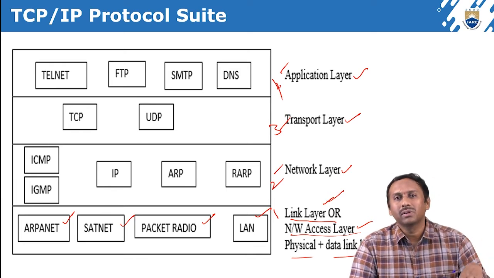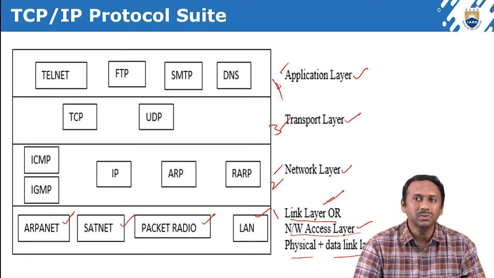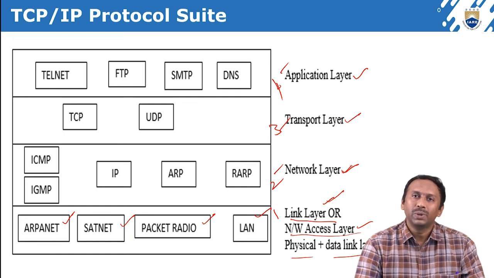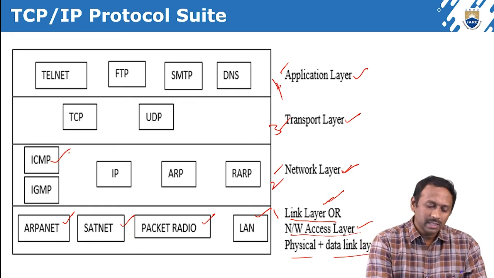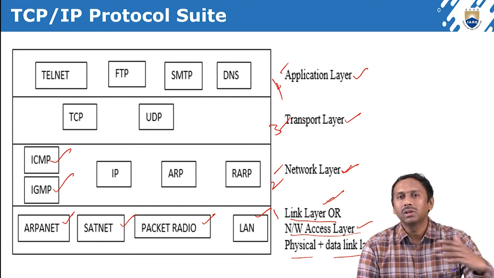I will discuss why we are not applying any protocols in this layer. The second layer, the network layer, has ICMP, IGMP, IP, and ARP. From the second layer onwards, all are protocols.